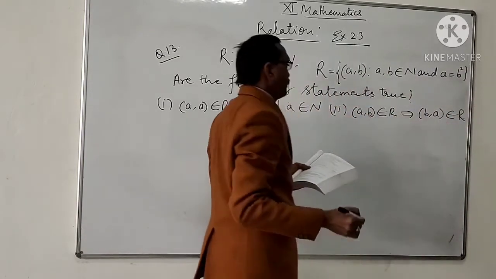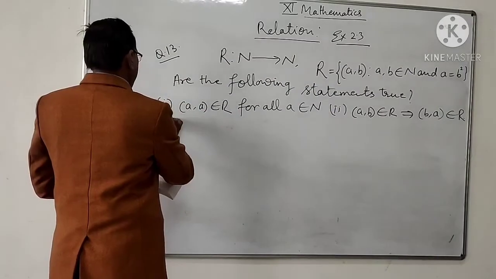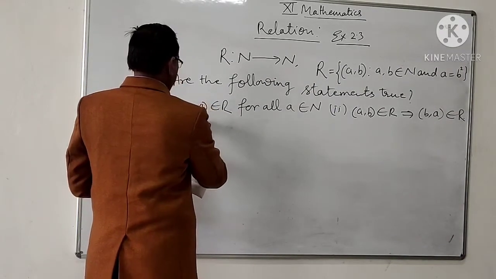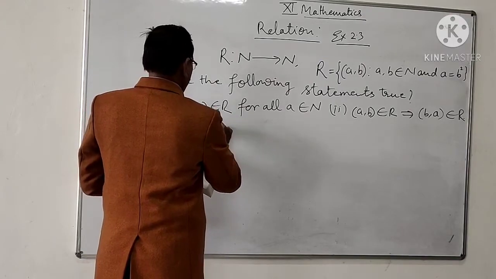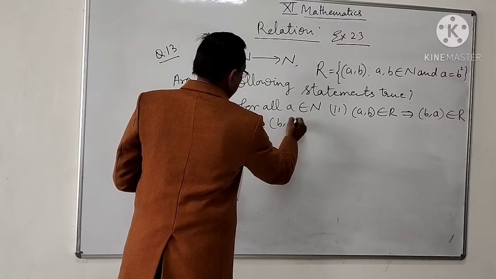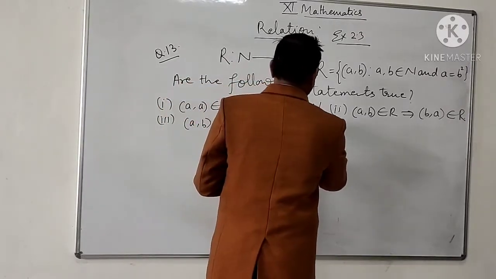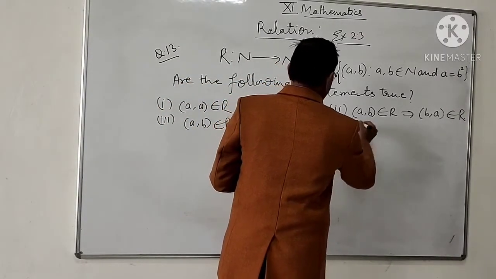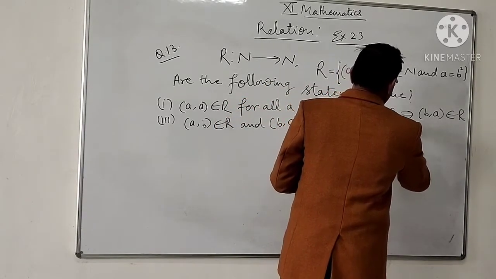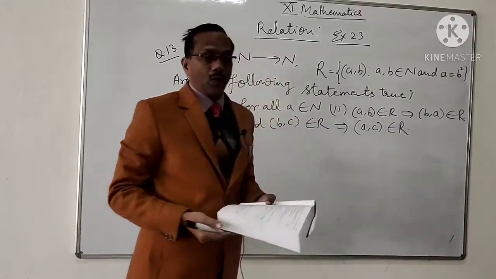And in the third part, there is an ordered pair (A, B) belongs to R and another ordered pair (B, C) belongs to R. Now you will tell whether the ordered pair (A, C) belongs to R or not.